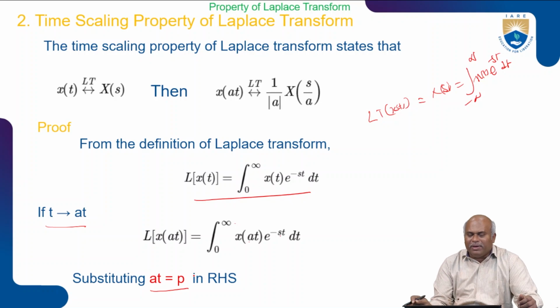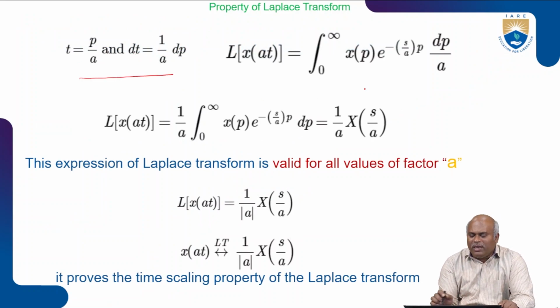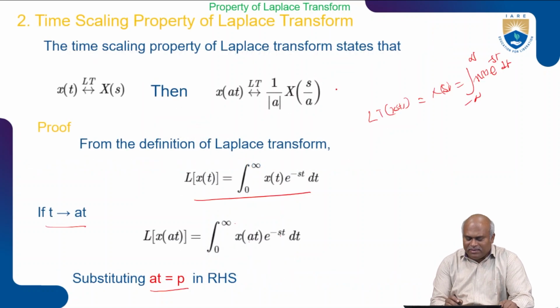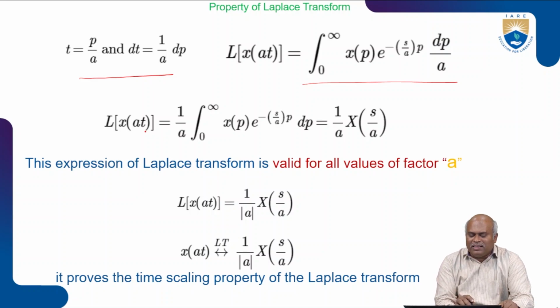Now I take at equal to p. Then t is equal to p by a and dt is equal to 1 by a dp. Those values I substitute into the right side of the equation. Then I represent the integration of 0 to infinity x of p e power minus s divided by a p times dp by a. So the Laplace transform of x of at is equal to 1 by a integration of 0 to infinity x of p e power minus s divided by a p dp.